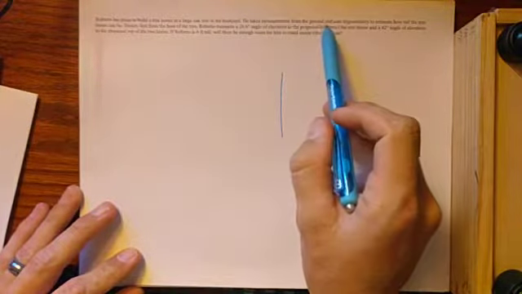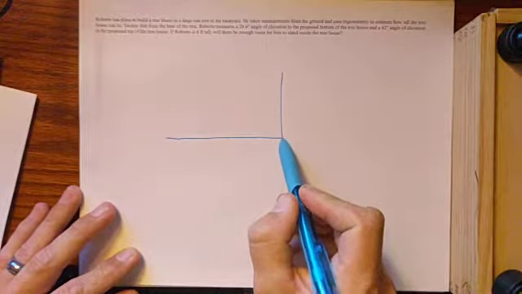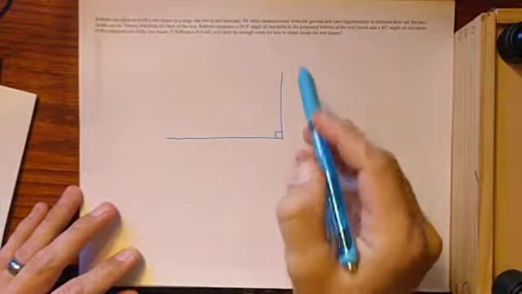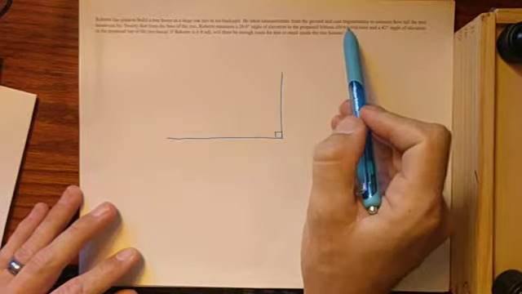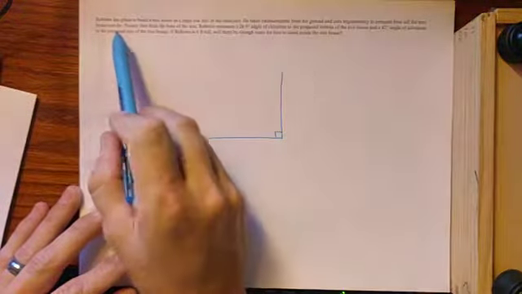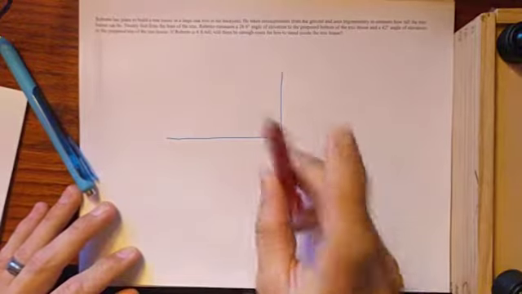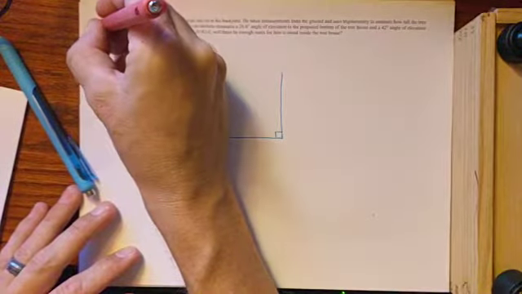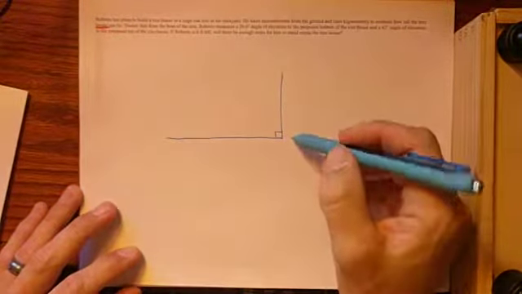And there's measurements from the ground, so this is going to be sort of an angle of elevation deal, right? And there's more than one measurement coming. And we're going to use sine, cosine, and tangent with trigonometry to estimate how tall the tree house can be. And it's not the tree that we're considering here, right? It's the tree house. So pay attention to that key word there. Again, we're not going to care how tall the tree is.